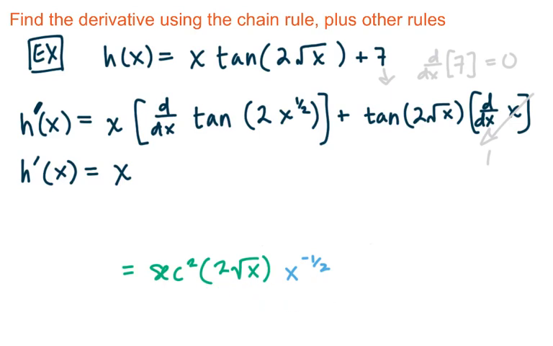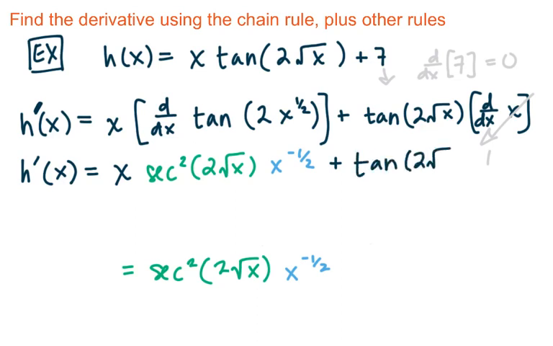So I have x times secant squared 2 square root of x times x to the negative 1/2. And then I have plus tangent of 2x, or 2 square root of x. And then the derivative of x was 1, so that goes away. At this point, we're done with our derivatives. We just need to clean this up.